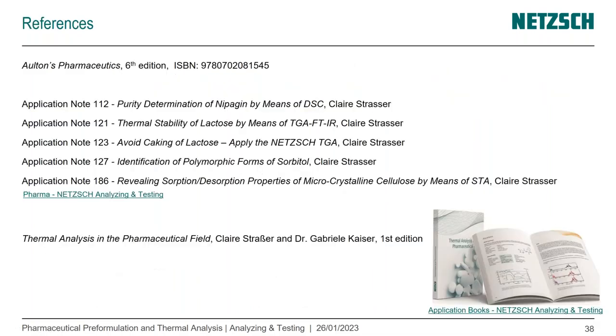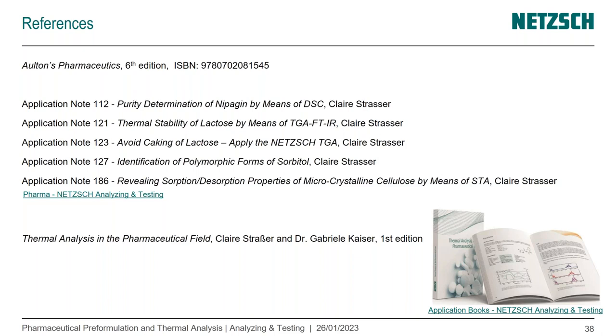Okay, all these examples you can find on our website. We have many application notes; these 5 I have used here. Besides these application notes, you can find more information in the book on thermal analysis in the pharmaceutical field, with more than 35 examples of application in pharma, not only the examples but also the explanation and discussion of the results.